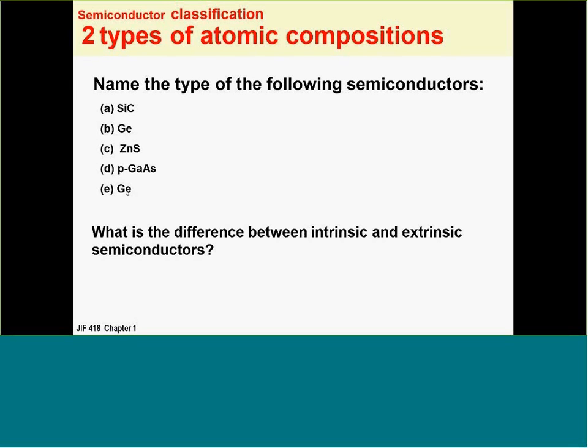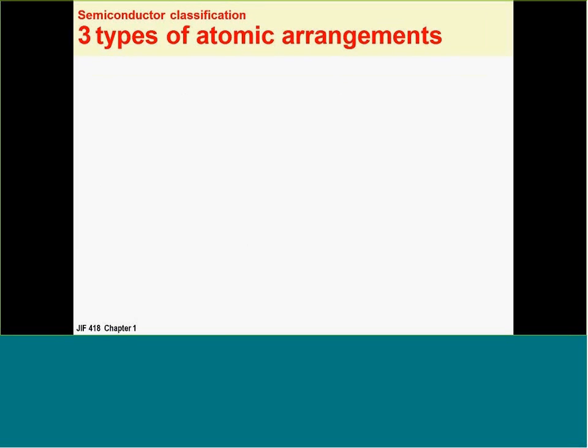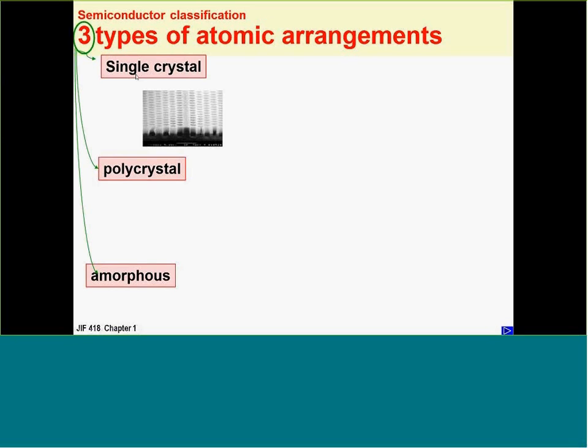Next, we are going into atomic arrangement. And there are 3 types of atomic arrangements, like I told you just now. But never mind, let's review it again. Whether it's single crystal, poly means many, and amorphous.